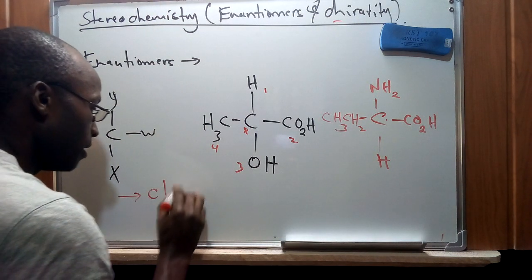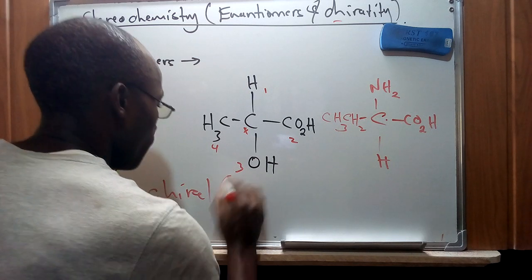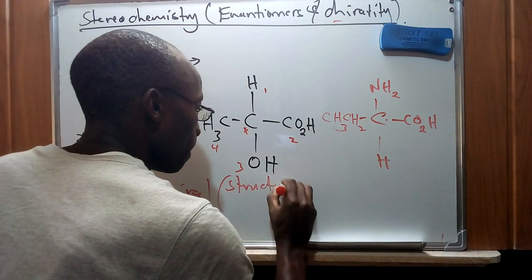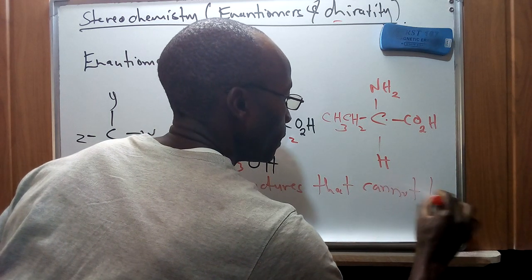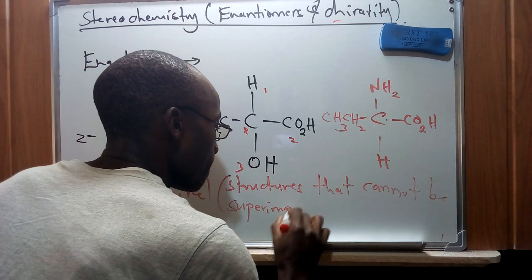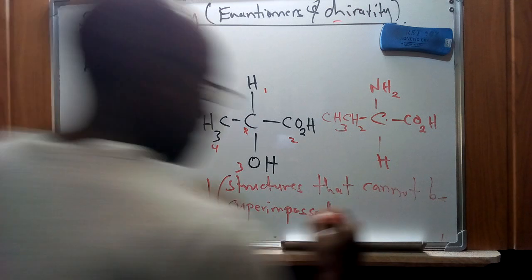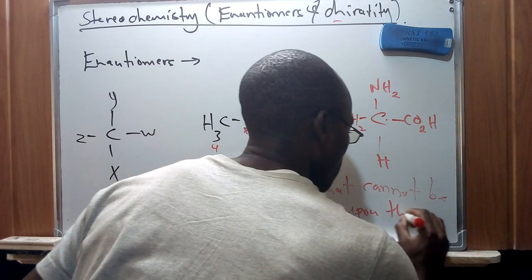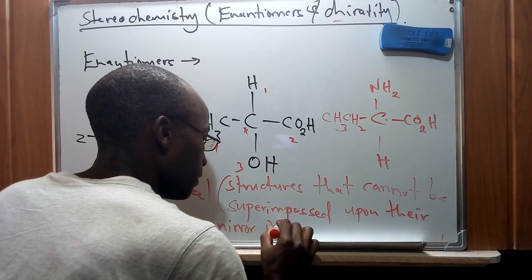Structures can be regarded as chiral if they cannot be superimposed upon their mirror images.